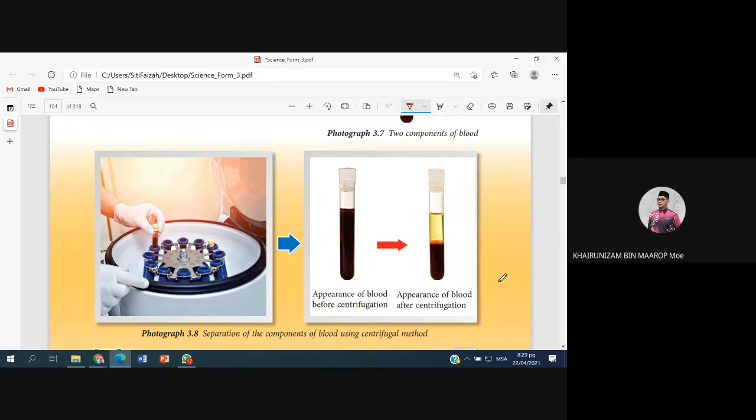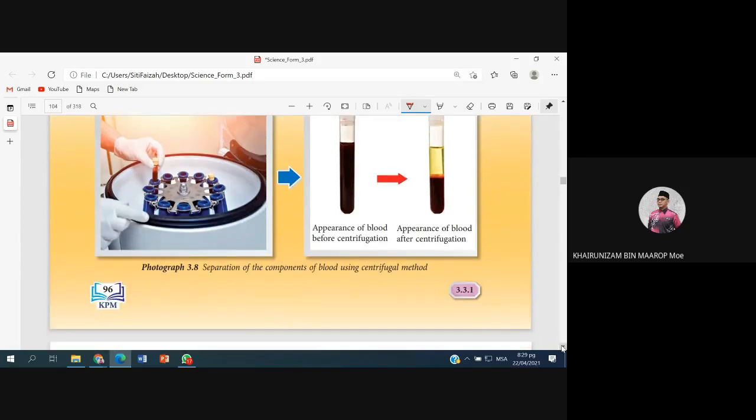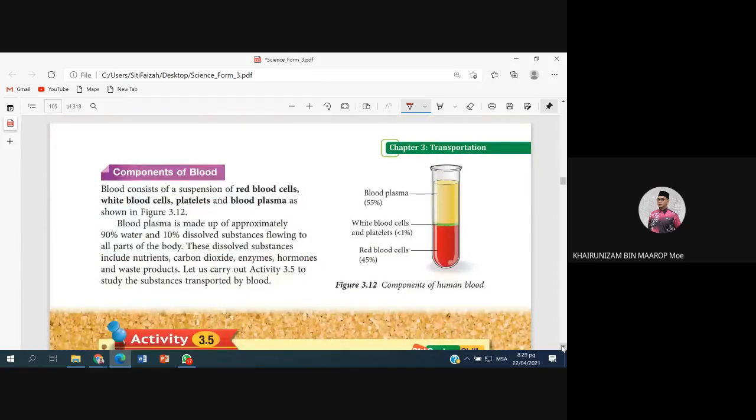When we put the blood in this machine, it will spin, so the components can separate. We can look at the components of blood here.